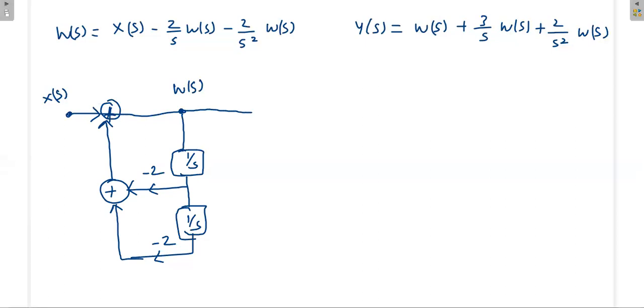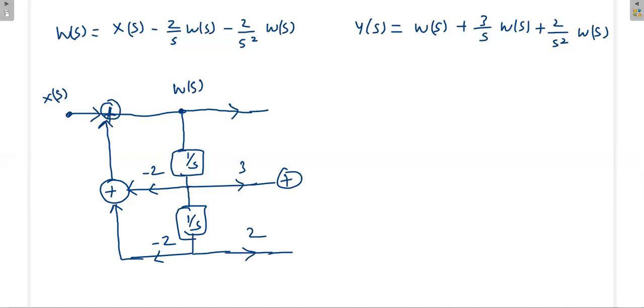Then from this we will try to get y of s from W of s. W of s is already there, and again we need 3 by s. Since 1 by s is already there, you introduce a branch gain of 3 here. Then one adder, and again here you will be getting 1 by s square, but with the branch gain 2.